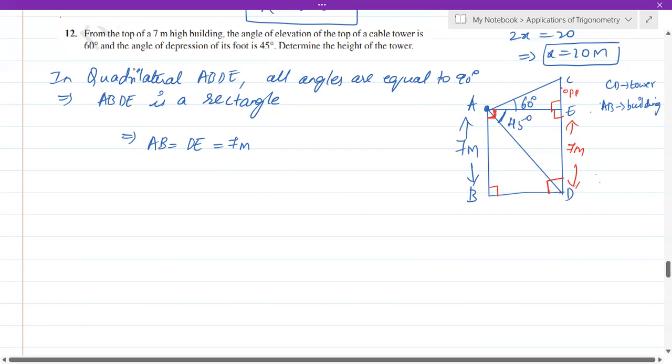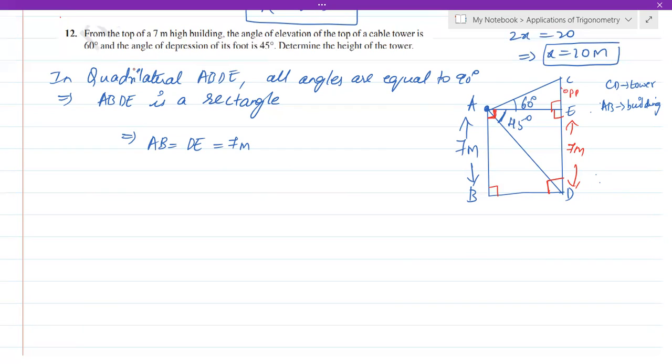So what we are going to do is take the triangle AED first. In that triangle, this is the angle, so this becomes the opposite, this is the adjacent, and this is the hypotenuse. They have given the value of the opposite, so we can easily find the adjacent.